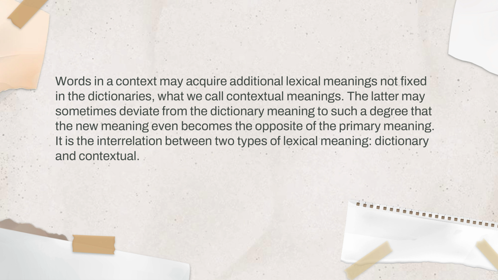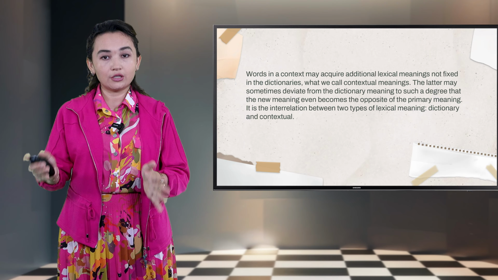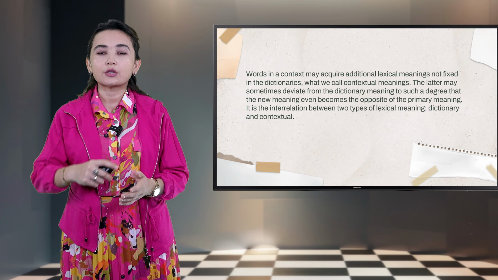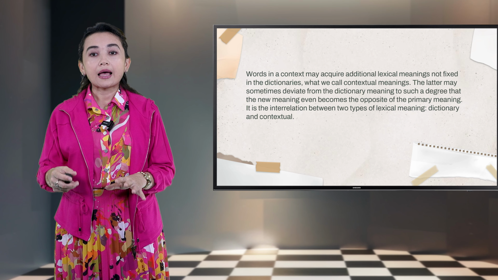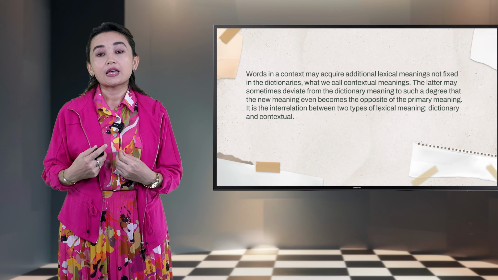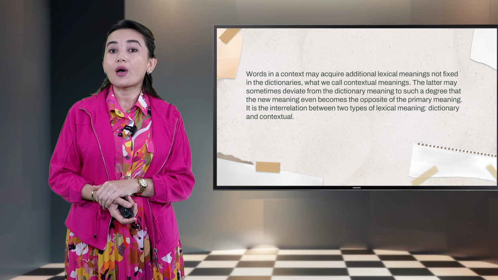A table in the dictionary meaning is a round, wooden item that we can eat at or write on. But here, table has its contextual meaning as well.